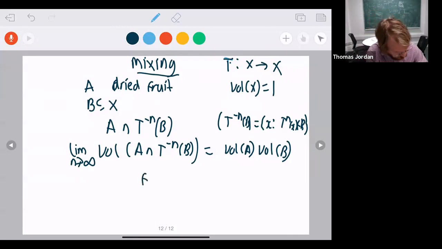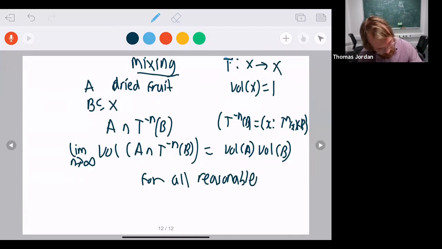It would normally be stated for sets where it makes sense to talk about a volume, so for all reasonable sets A, B contained in X. So that's the concept of mixing, and it's what we want for our action with the dough and the dried fruit.